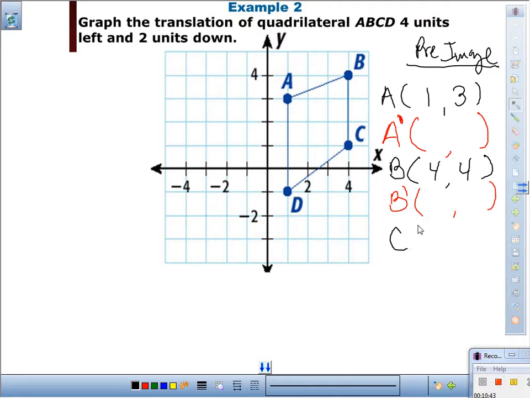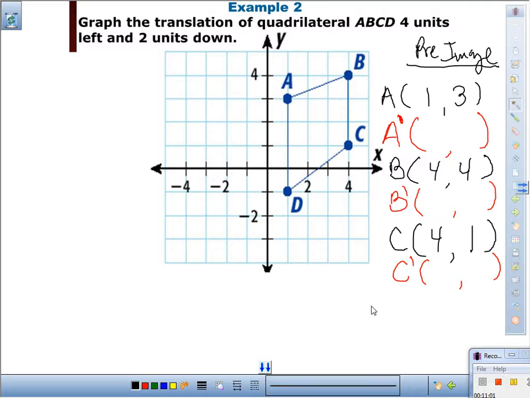Point C. Raymond, coordinates for point C. 4, 1, and underneath that, we're going to write C prime with an empty coordinate.